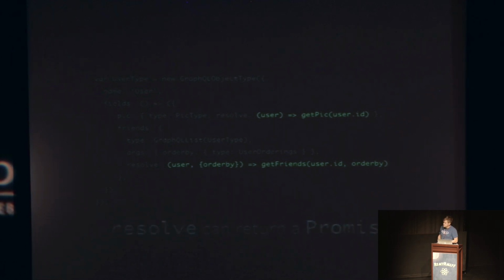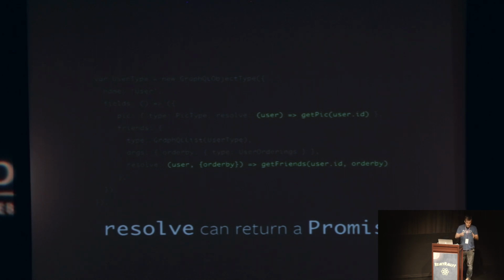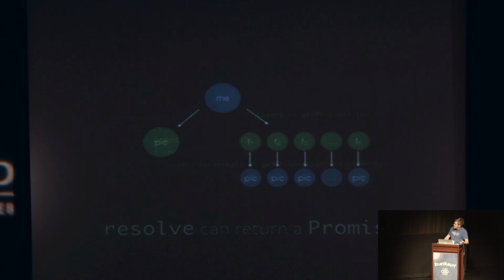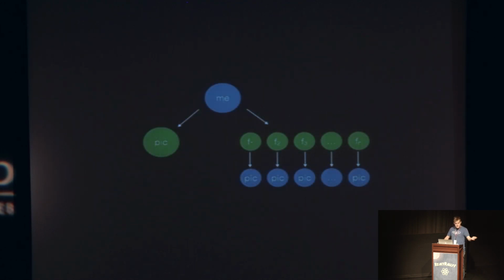The parallelism is because in JavaScript land, resolve can return a promise. So if you look at this object graph, you get the friends, and then for each one of those friends, you can have it get the pick, and it returns N promises. In very concrete terms, it's the executor that has to deal with promise.all. And the executor has to deal with error handling and figure out that, oh, promise number 3 is in the rejected state.